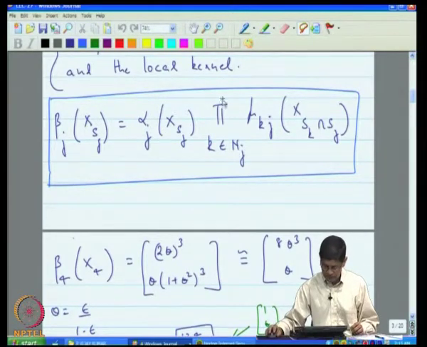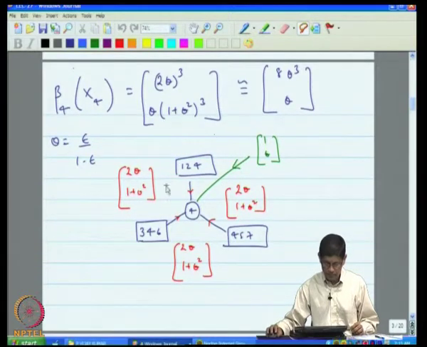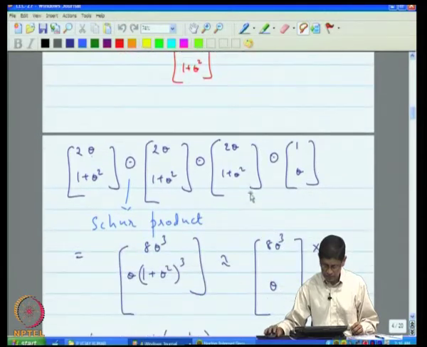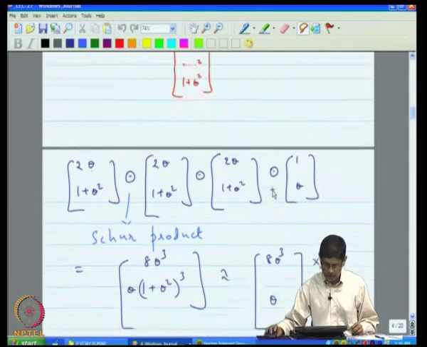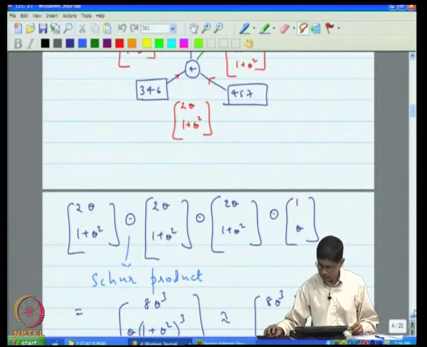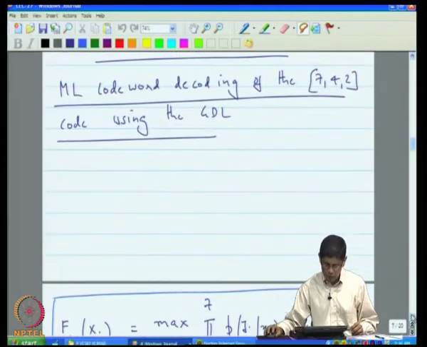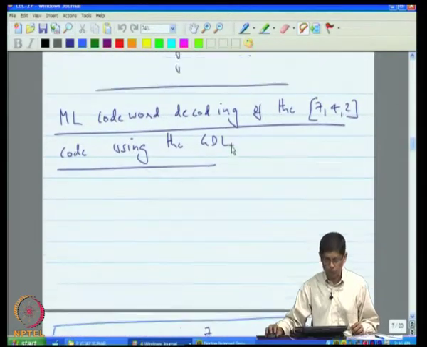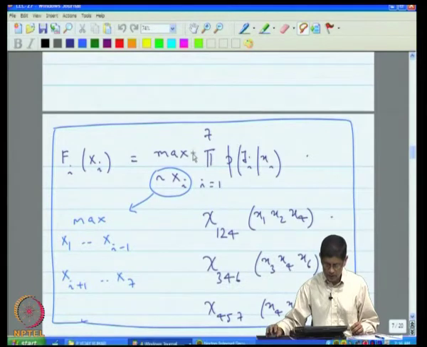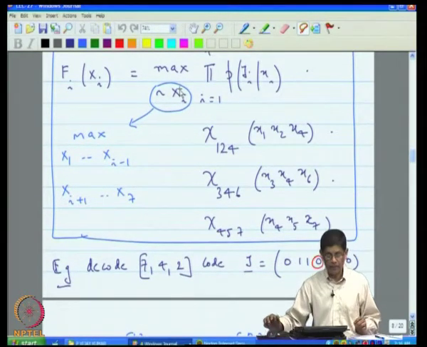Then, this was an example where we computed the objective function for the node x4, and based on that we made a decision, and this was an instance of maximum likelihood code symbol decoding. Then after that we turned our attention to maximum likelihood code word decoding of the 742, and we said, well, if you think about it, the only change is that you are replacing the summation sign by the maximum.